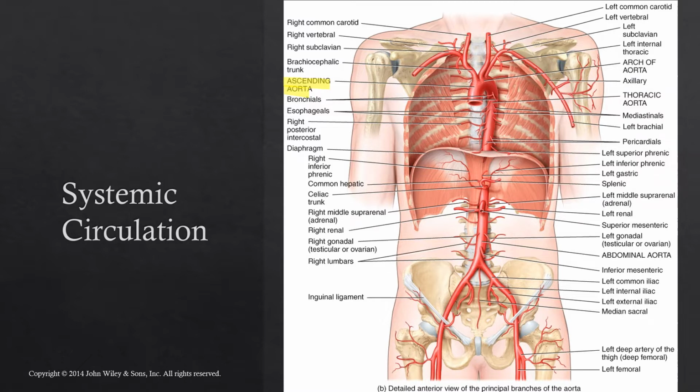Then the ascending aorta arches to the left, and this forms the arch of the aorta. So this is going to be right here. And it descends at the level of the intervertebral discs between the 4th and 5th vertebrae.